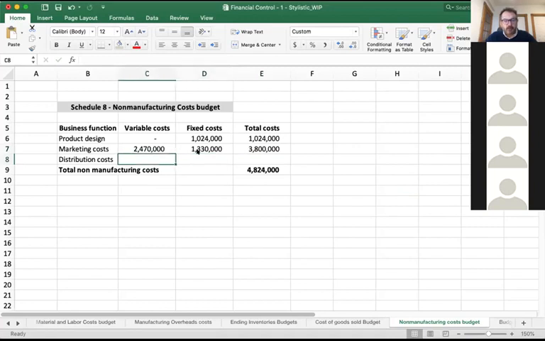For the distribution cost part, it's $2 per cubic foot for the variable part, and we have 1,140 cubic feet, and the fixed cost is 1,596.